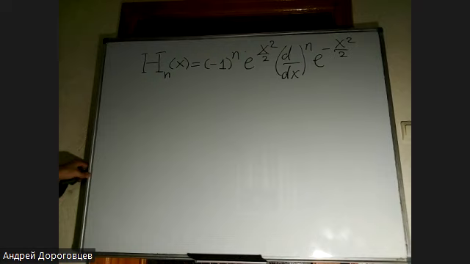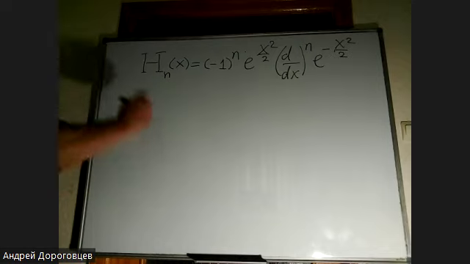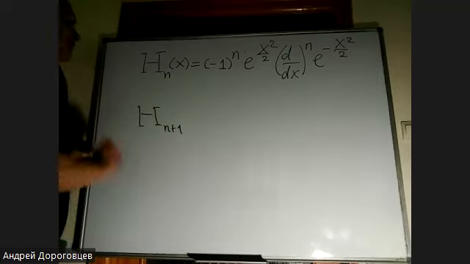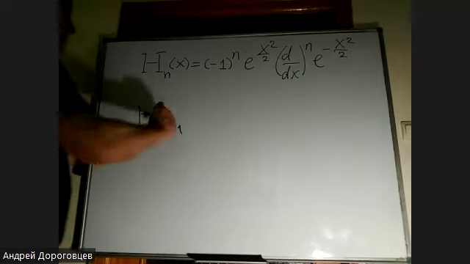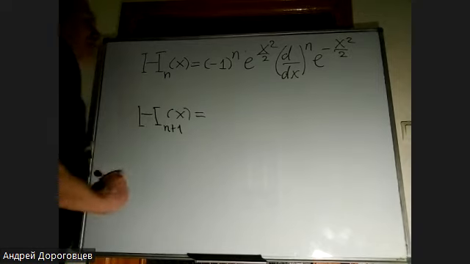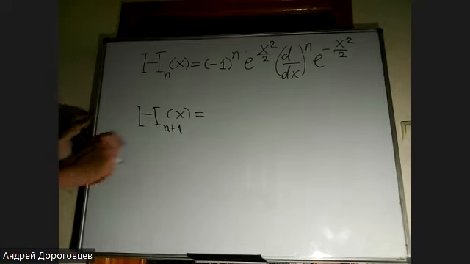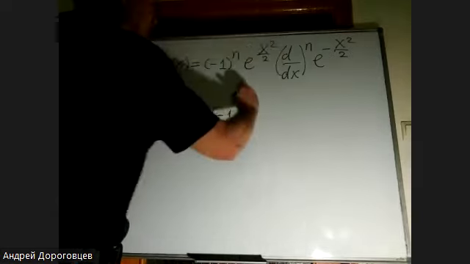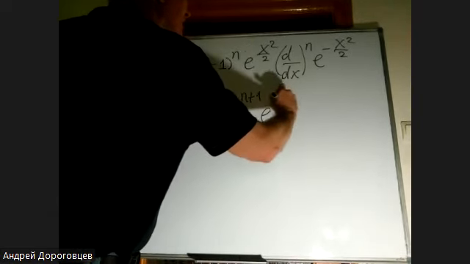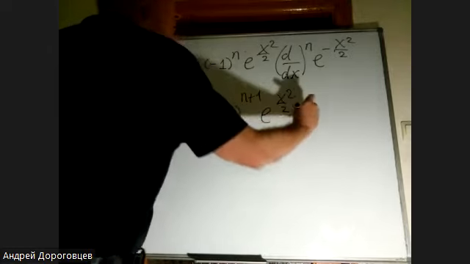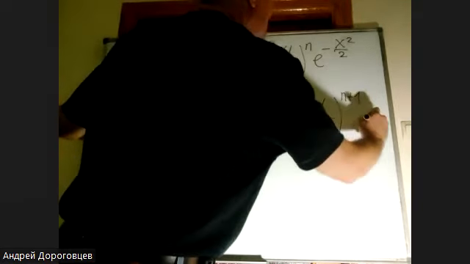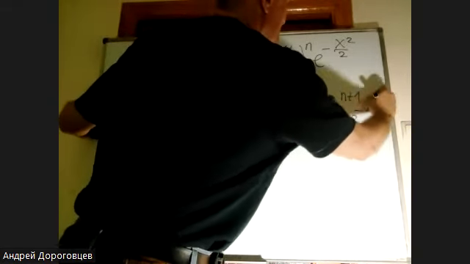So let us try to find the next one. What is the expression for H_{n+1}(x)? One can see that it must be (−1) to the n plus 1, e to the x squared over 2, d/dx to the n plus 1, of e to the minus x squared over 2.